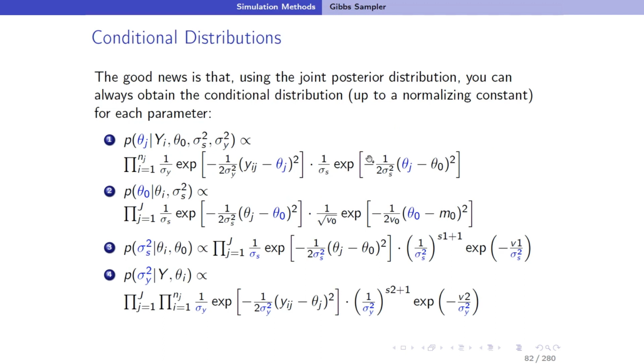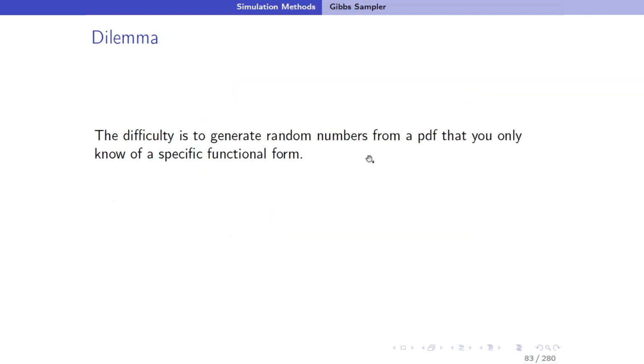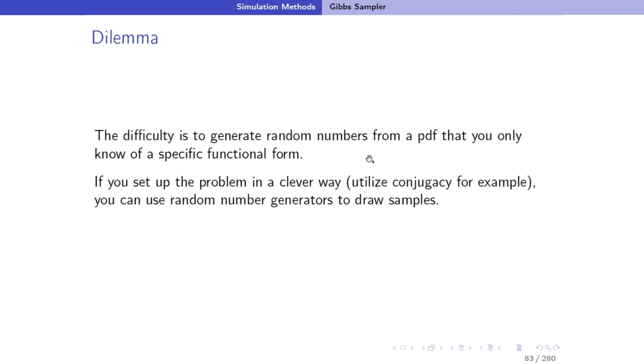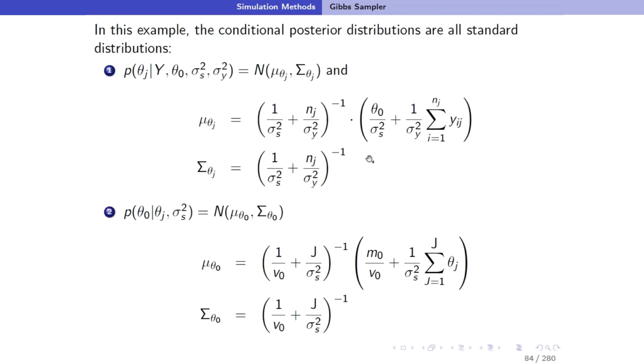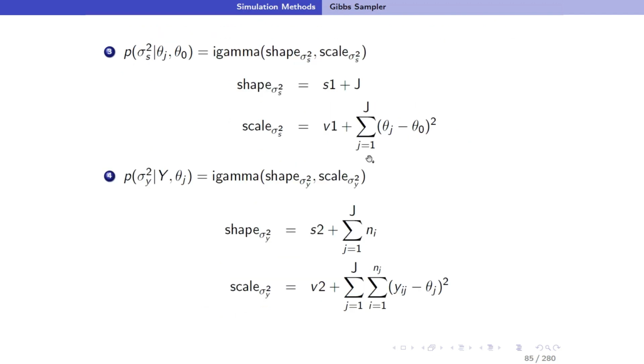The key point I want to make is that each of the conditional distributions is a standard distribution, so you can utilize a standard sampler for each step, and that has been done for many years in Bayesian computation.